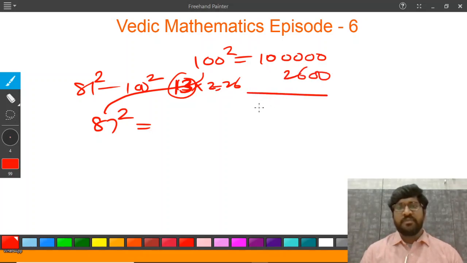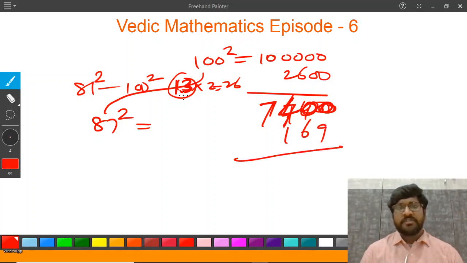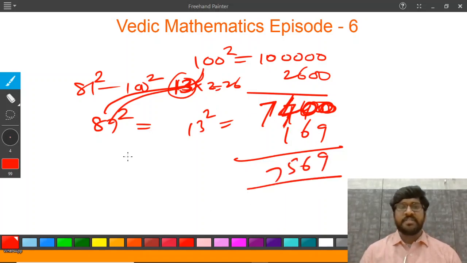If I subtract 2600 from 10,000, the leftover is 7,400. Now since this is 13 less, I should add 13 square, 169, to this. So 7,569. That is 87 square.